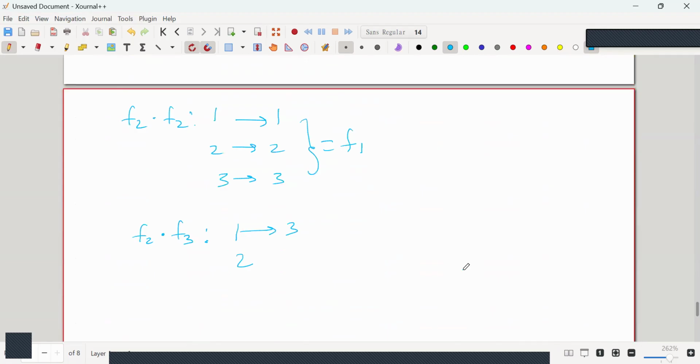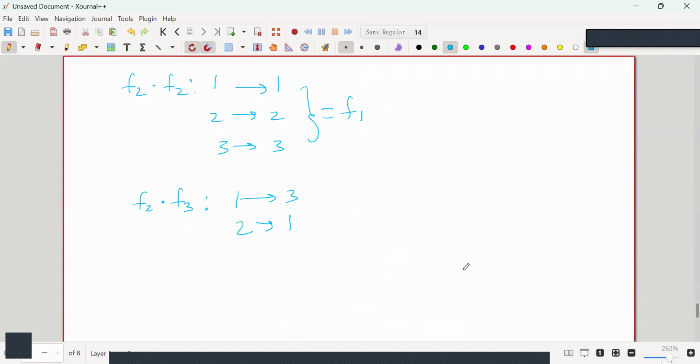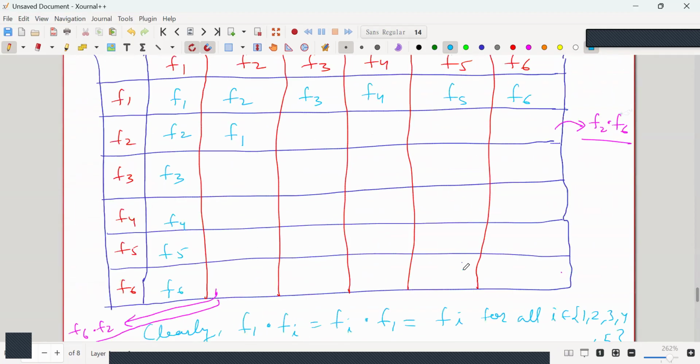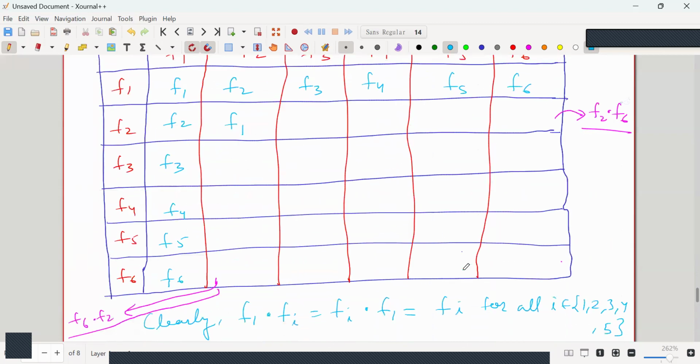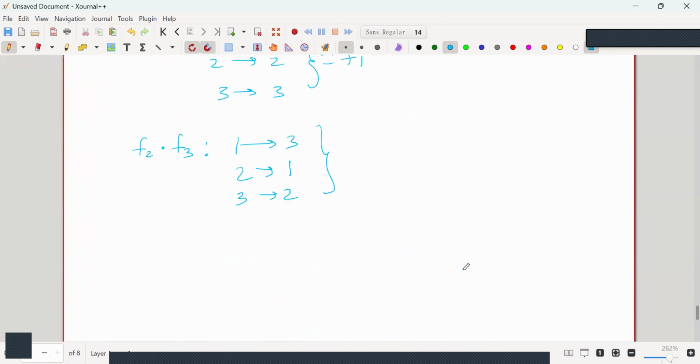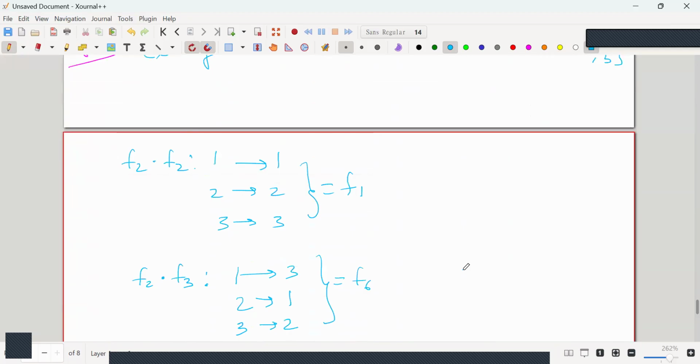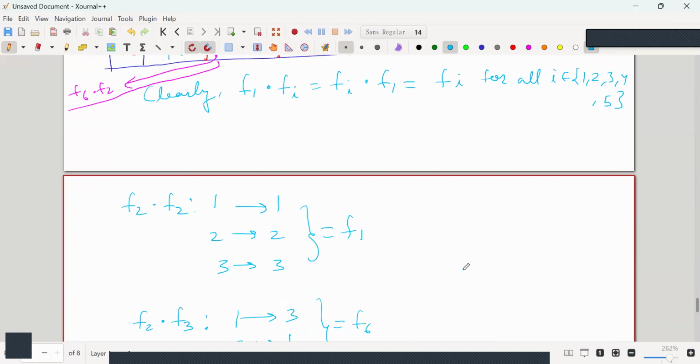And since we know that the group is closed under the product, it has to be a bijection. Thus, 3 should map to 2. So this is your F6, I guess. Yeah. 1 going to 3, 2 going to 1, and 3 going to 2. So here I will write F6.